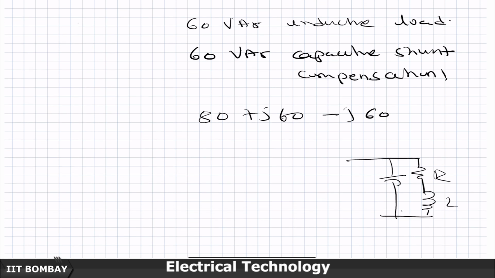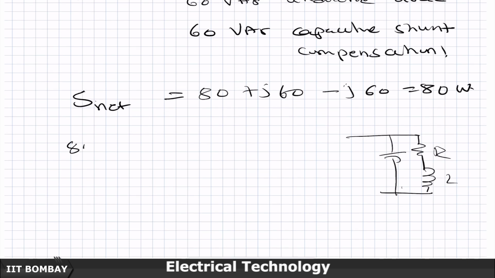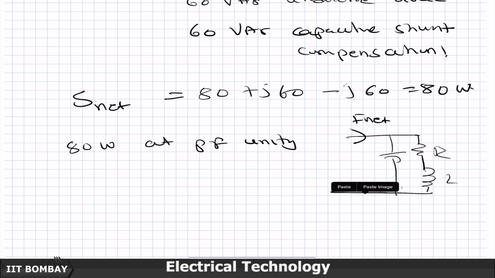Then the net load S net will now only become 80 watts. So, therefore, this 80 watts is now being delivered at power factor unity. Cos phi is 1, because there is no Q part.